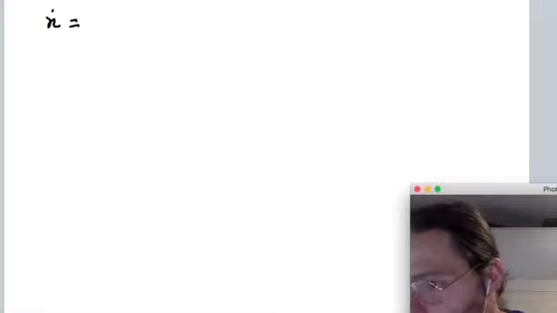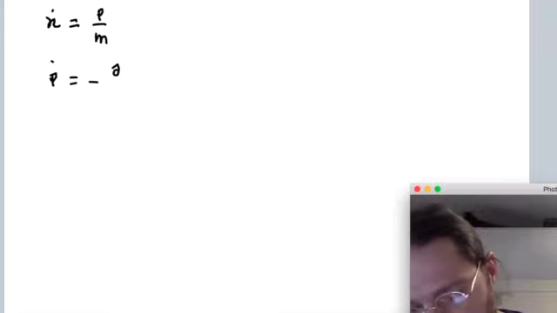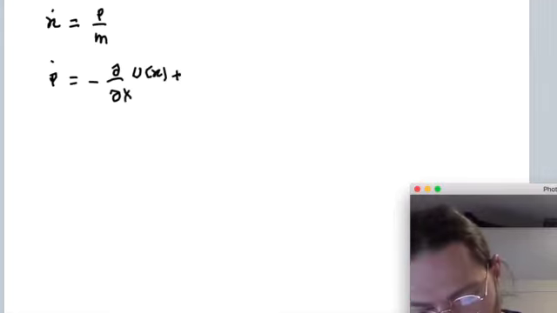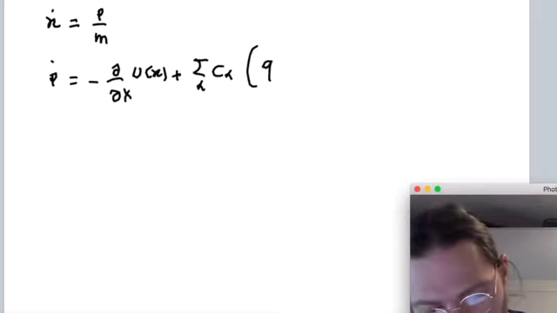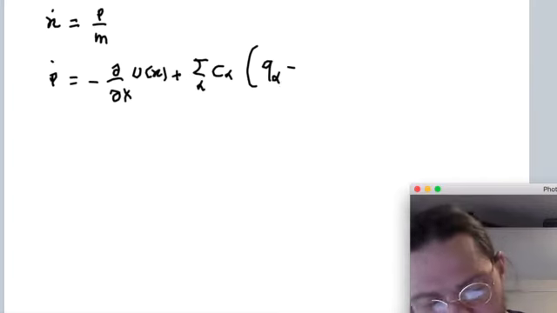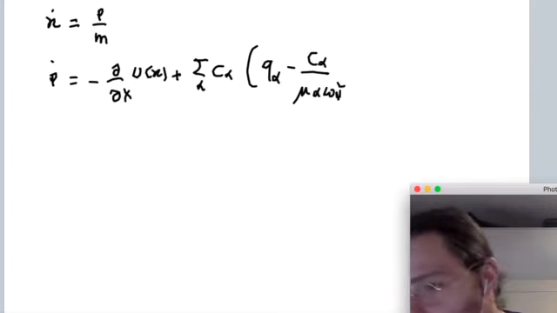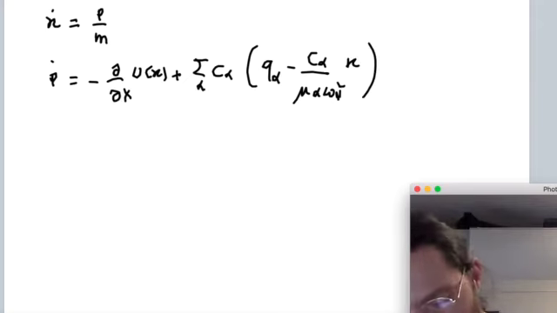The equations of motion of the system are, of course, Hamilton's equations for the system, and let me write it this way. There's a linear coupling, so we see the coupling constant popping up here. And there are, of course, the equations of motion for the bath.